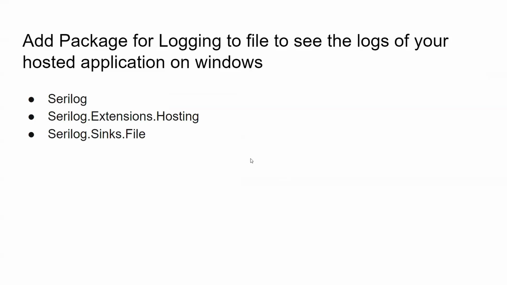To log all the information, I use Serilog. These are the three packages I have installed in my application to log into the file. You can also use that, or you can use your own logging packages. So let's jump to the code base.